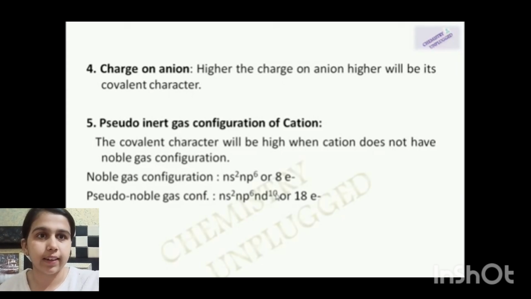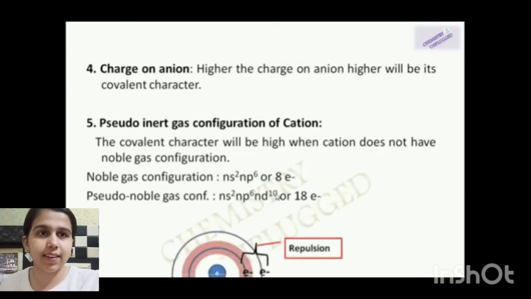First, I will give you a hint about what is shielding effect. Shielding effect is the effect by the inner shell electrons on the outer shell or valence shell electrons. These two electrons, the valence shell electrons and inner shell electrons, repel each other because they have same charge, so there is repulsion between them. And the valence shell electrons have attraction with the nucleus.